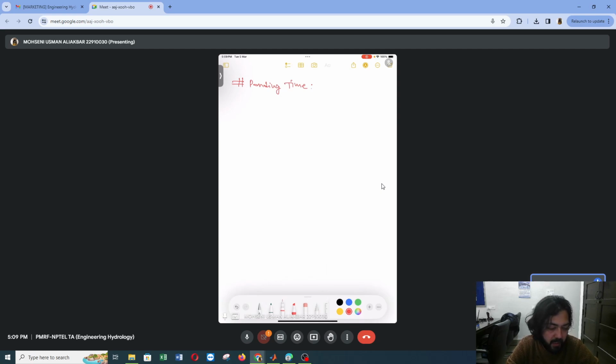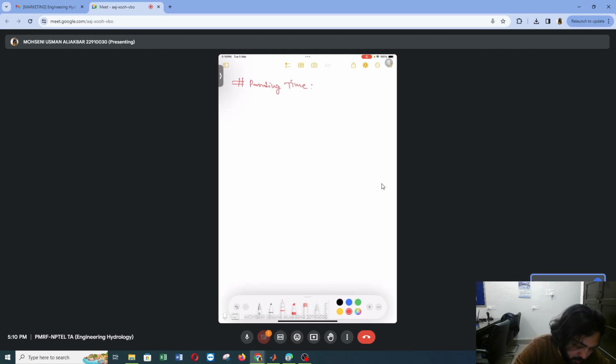Ponding time is the time where the rainfall starts and the water gets infiltrated, and there is ponding of water above the soil surface. Whatever time is required for this entire process is called ponding time. To make it more precise, ponding time is the time elapsed between when the rainfall starts and the time when water begins to pond. The time between these two events is called ponding time.